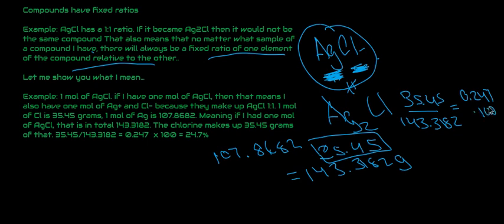Multiply that by 100 to get the percent, and you get 24.7% chlorine in your substance. That will always be how it is. Even if you have 300 moles of silver chloride, if you're going by percent by mass, 24.7% of it will always be chlorine.